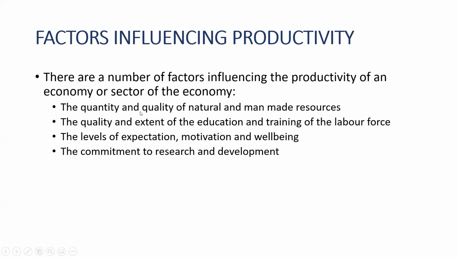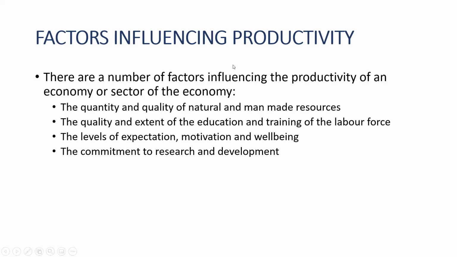If it is quantity wise, the number of machines we have, number of particular resources we have. Quality wise, whatever the technology we used, whatever the quality of the resources. So likewise, we can categorize them under the quality and the quantity of the natural and man-made resources.